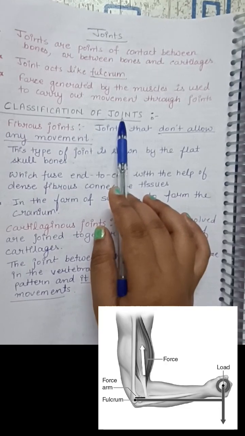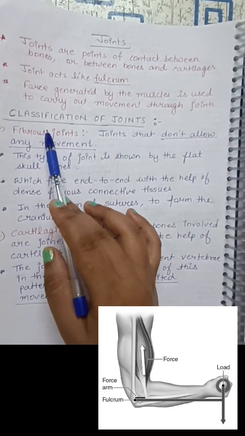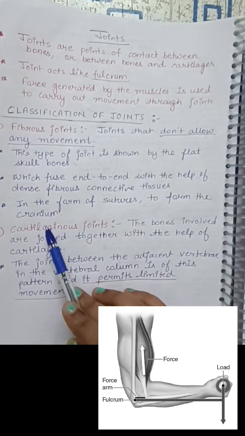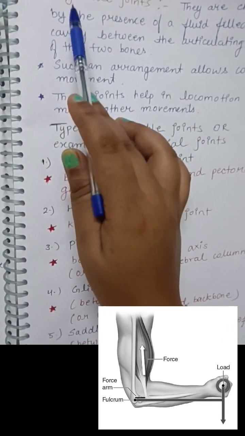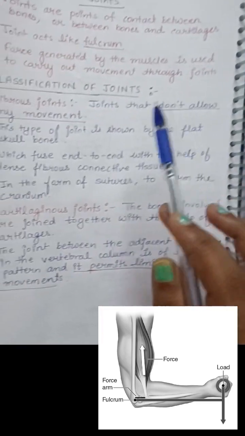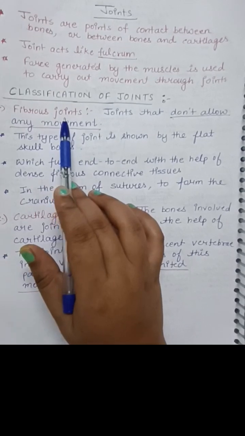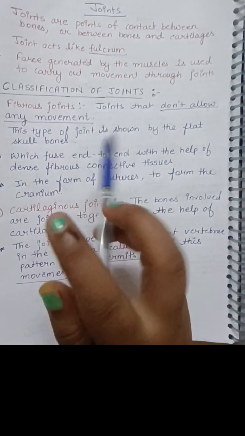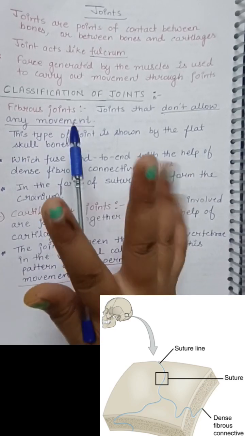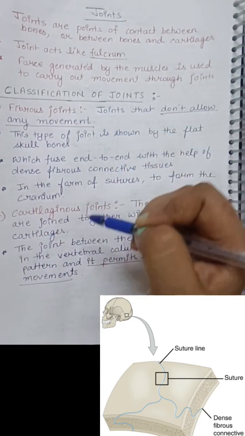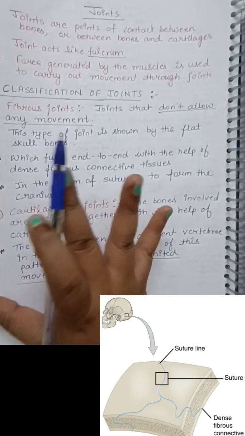Now, classification of joints. Joints are classified into three types: fibrous, cartilaginous, and synovial joints. Synovial we will discuss later. First is fibrous joints. Fibrous joints do not allow any movement. For example, in the skull, between the cranium bones, is there any movement?